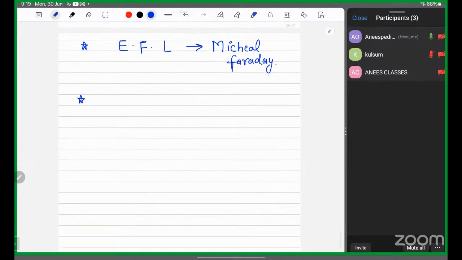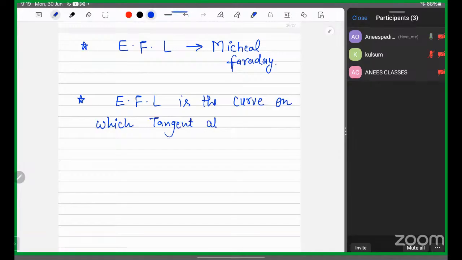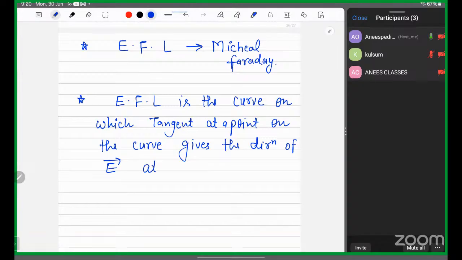We also define the electric field line as the curve on which the tangent at a point on the curve gives the direction of electric field E at that point.